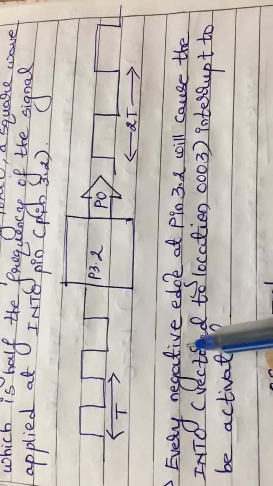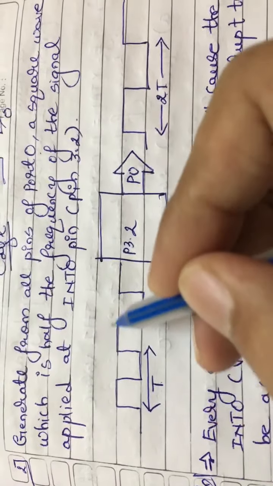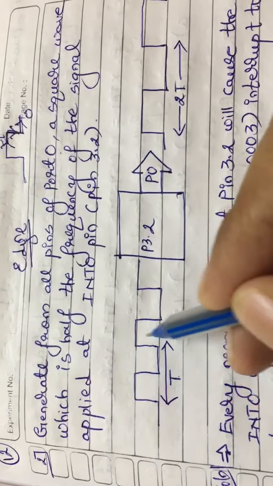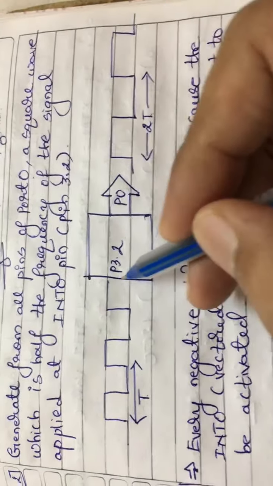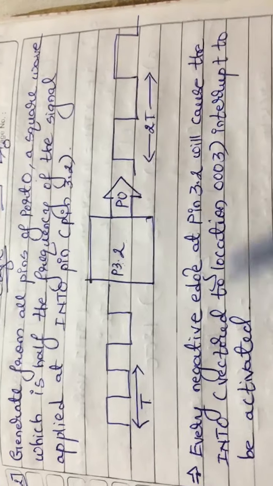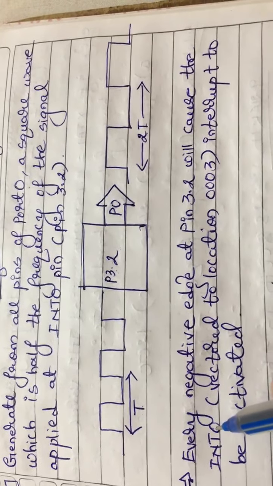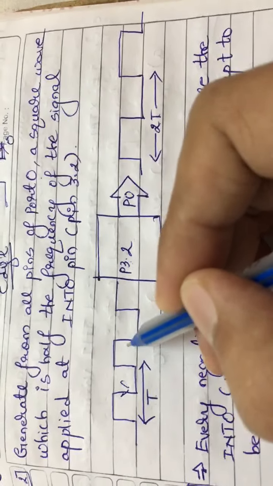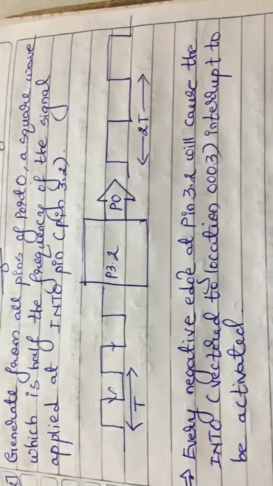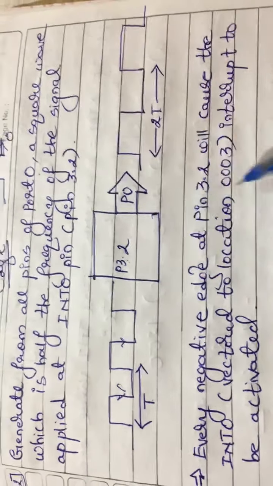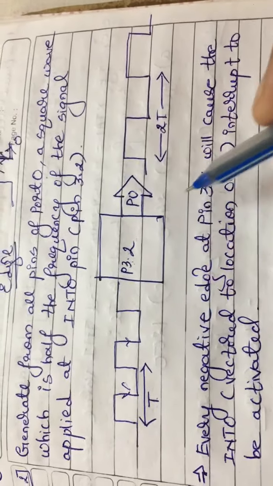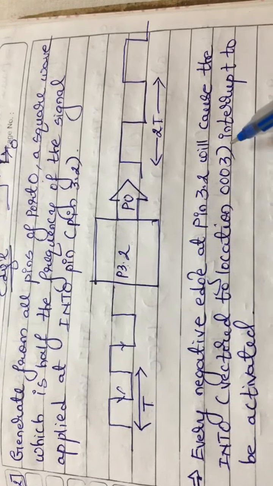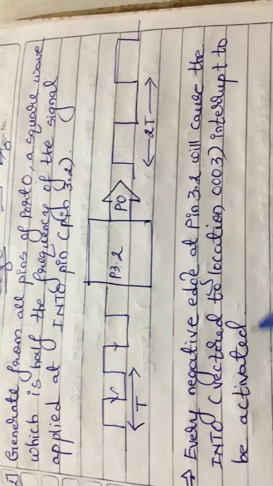So every negative edge at P3.2 will cause the INT 0 vector to location 0003 interrupt to be activated.